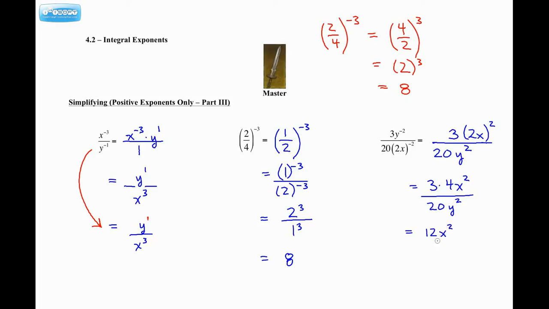This is 12x squared over 20y squared, but 12 over 20 is reducible. They're both divisible by 4. So this would give me 3x squared over 5y squared.